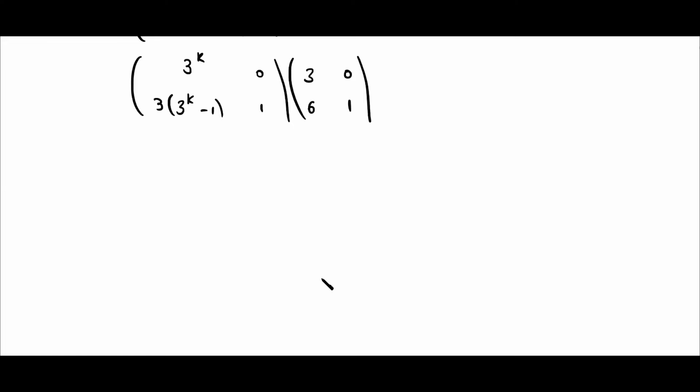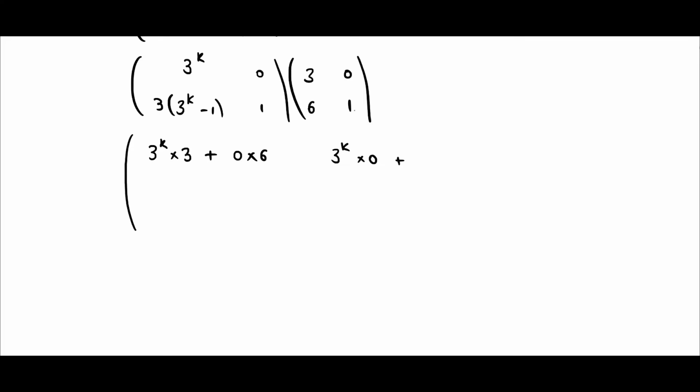So we have 3 to the power of k multiplied by 3 plus 0 times by this 6. That's our first element. For our next element, we have 3 to the power of k multiplied by 0 plus 0 times by 1.